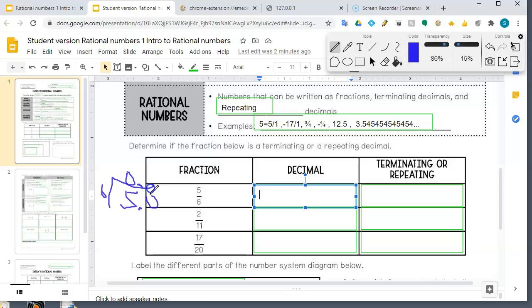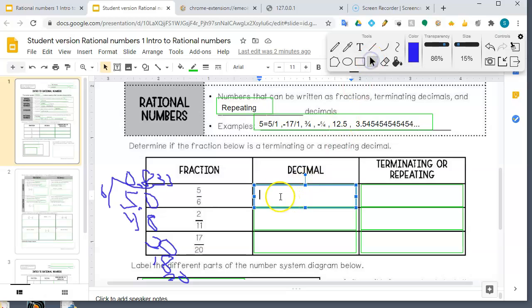So we ask how many times does 6 go into 50? It goes in 8 times. We get 48. So that's a remainder of 2. And we ask how many times does 6 go into 20? Goes in 3 times. That's going to be 18. So I get a remainder of 2 again. Anytime I get the same remainder, I'm going to get the same thing that goes on and on forever and ever and ever.